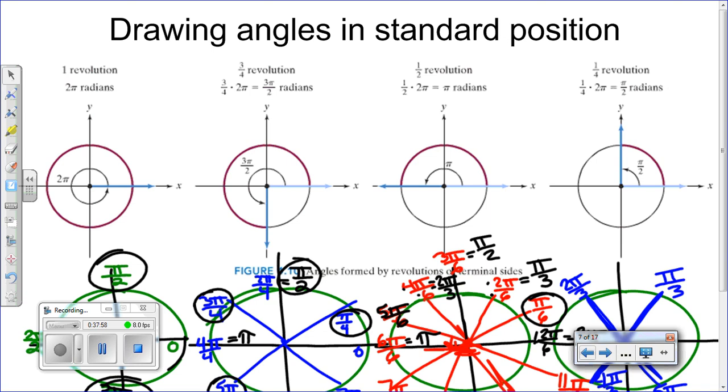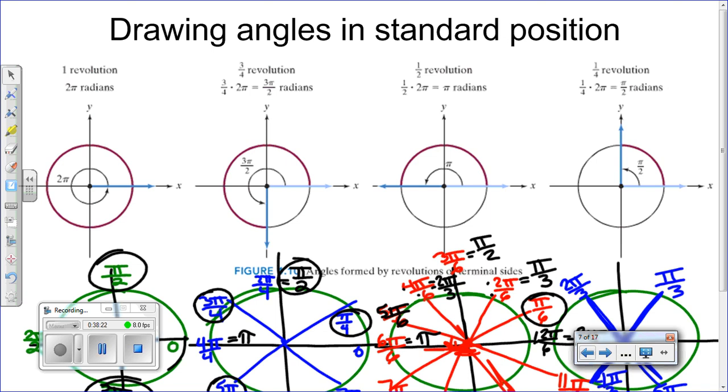So every revolution is a complete rotation or a complete turn of a circle. So 1 full revolution in radians is equal to what? You can see it from the slide. First circle right there. 1 revolution, top left corner, 2 pi radians. You already knew that, right? So what about half revolution?